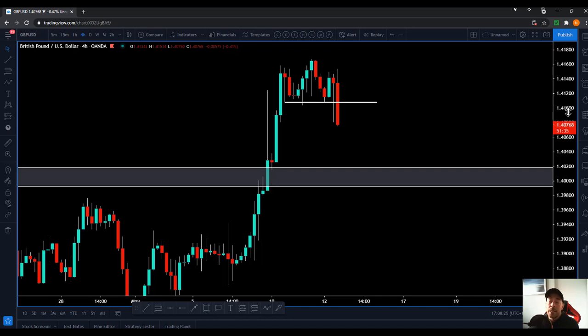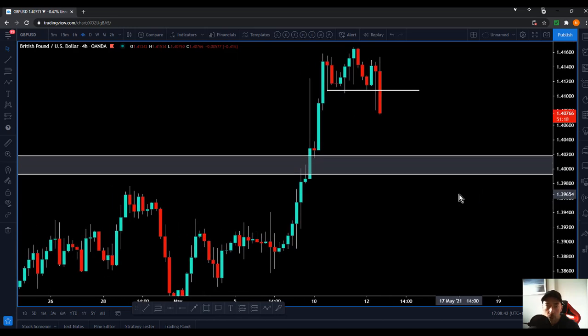We often see big numbers act as support and resistance in the market. We've got that big number 1.4 here, and we've got 1.41 here, as you can see. So we've broken 1.41. Look for the retest, rejection, look to sell towards 1.4.